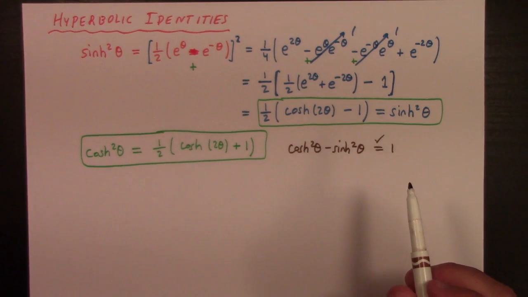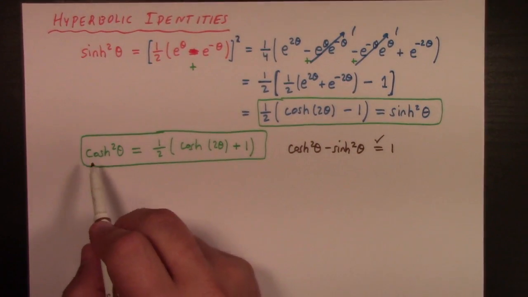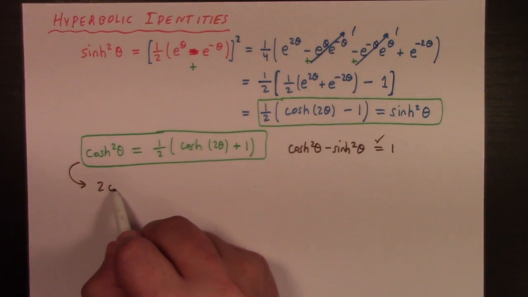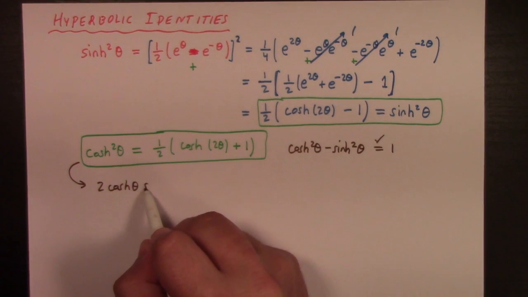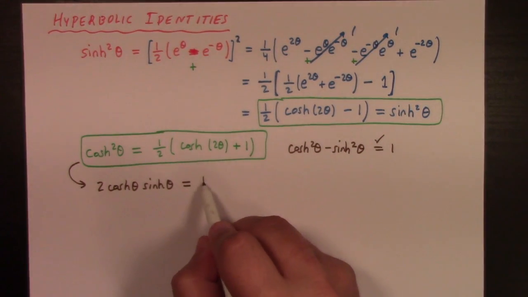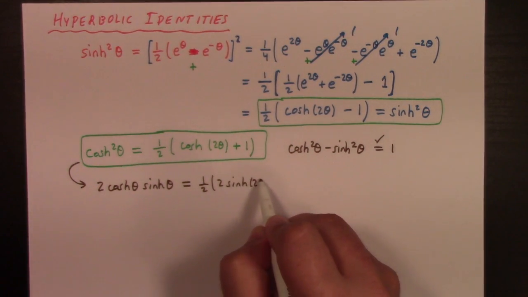Now, if you want, you can get yet more identities from differentiating these. I think I mentioned this before. This differentiates to give me 2 cosh theta sinh theta. On the other hand, I get 1/2 of 2 times the sinh of 2 theta.